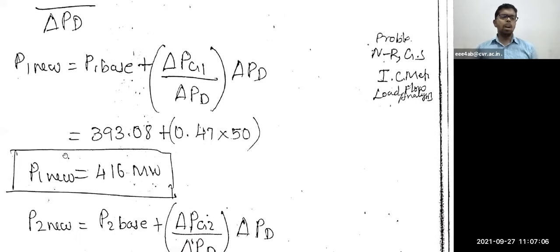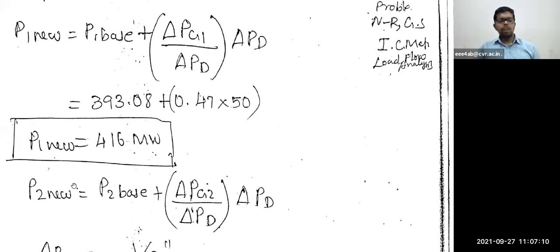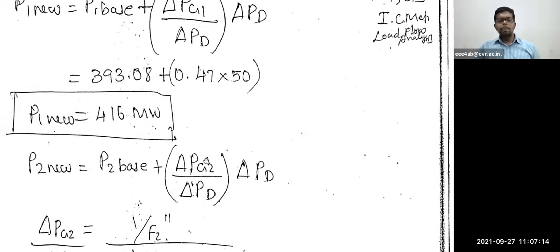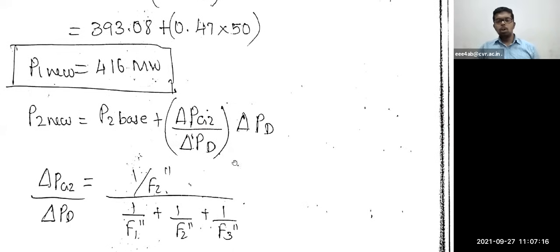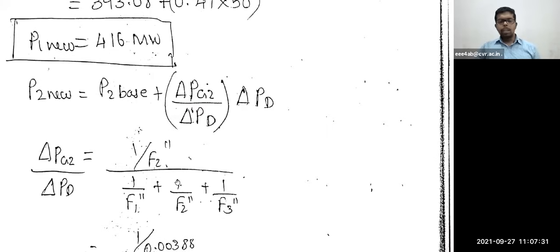Similarly, you have to solve for P2 new and P3 new. So what is the formula for P2 new? Same. P2 new is equal to P2 base plus del Pg2 divided by del Pd, the whole into del Pd. Again, you need to calculate this del Pg2 divided by del Pd, which is nothing but 1 divided by F2 double dash, the whole divided by 1 divided by F1 double dash up to F3 double dash.